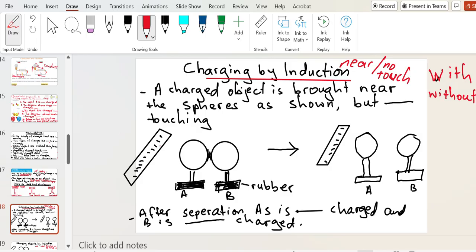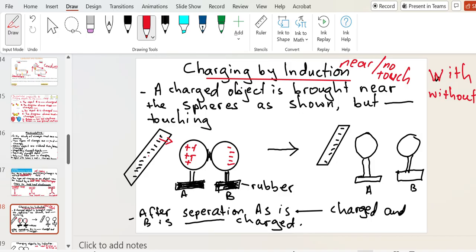Like here, I bring it near. The negative charges will push away electrons. When the electrons move away, what remains are positive charges. This is the process of charging by induction.